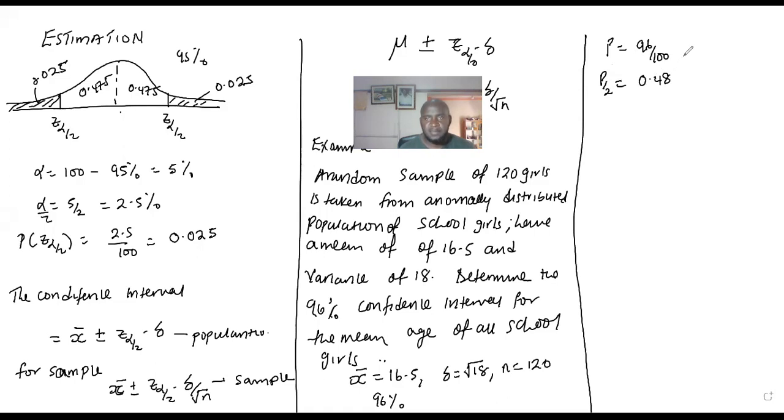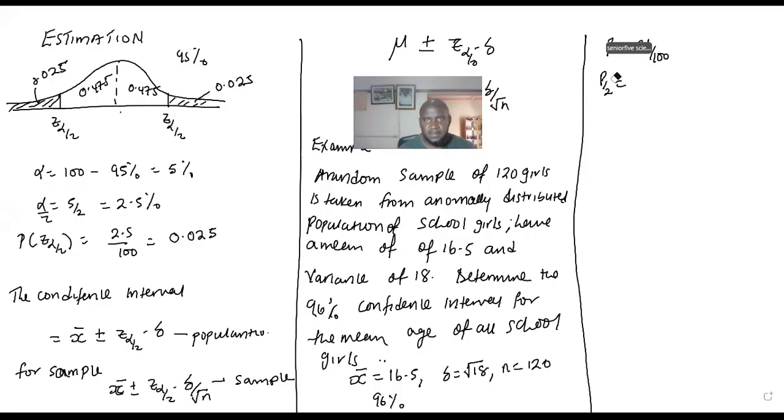0.48, because you've divided 0.96 by 2. 0.96 divided by 2, you get 0.48.